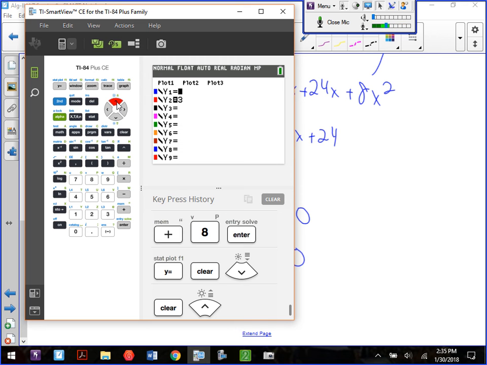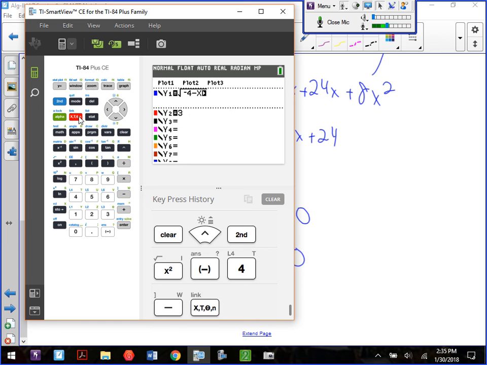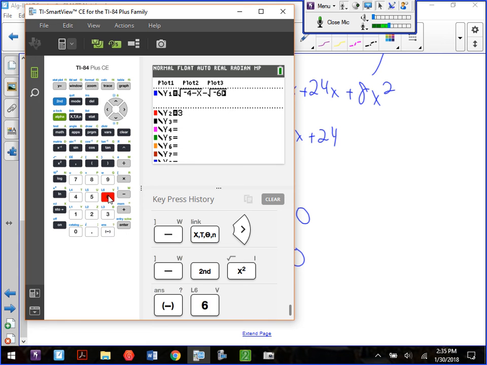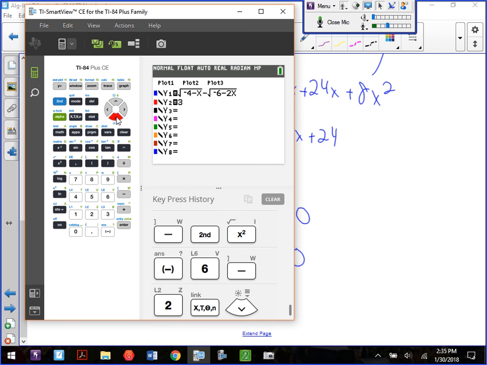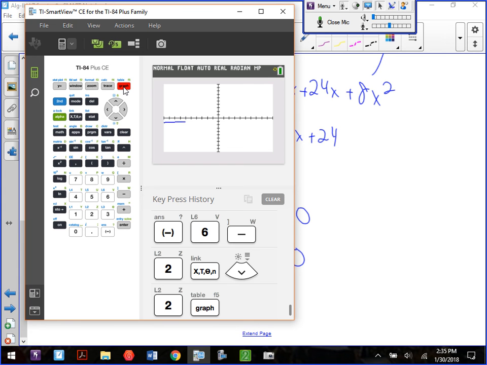So square root of negative 4 minus 4x minus square root of negative 6 minus 2x. And what does it have to run into? Think.